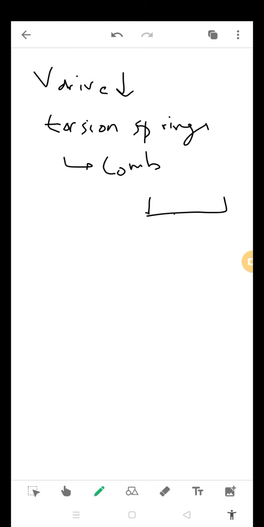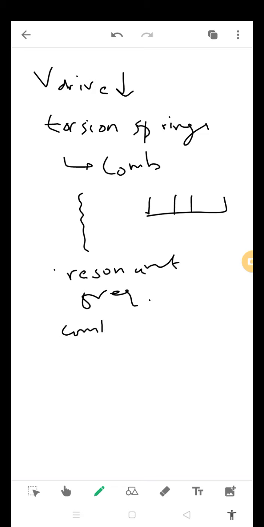So we have something like this, a torsion spring, something like this. And then the resonant frequency can be studied by comb on pull down voltage.